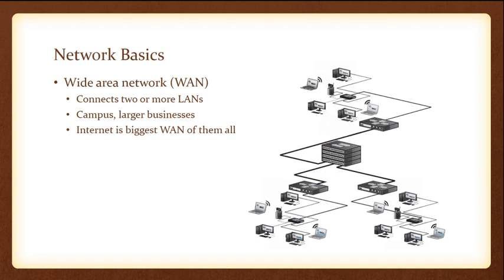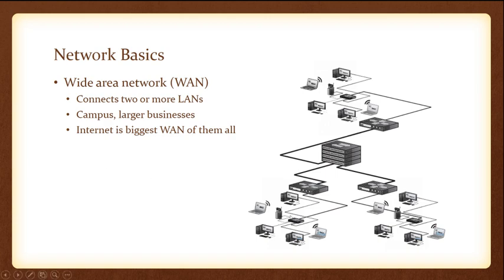It's a worldwide network connecting millions of computers. Whenever you access the internet, you're actually accessing a server or a machine on a different LAN, and it could be right down the road, it could be in the same city, the same state, the same country, or it could be in a different country or all the way across the world. The internet connects us all together, and it is the largest wide area network.